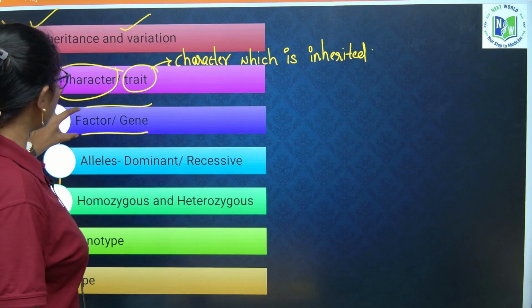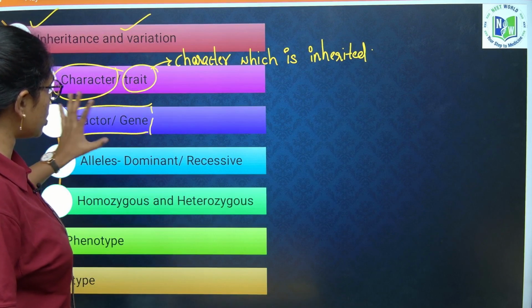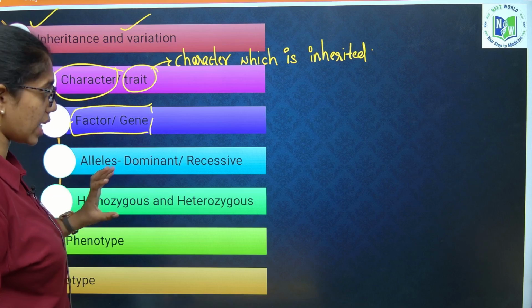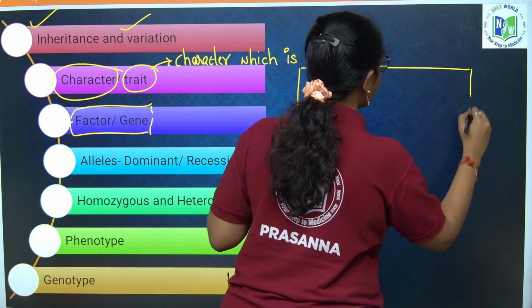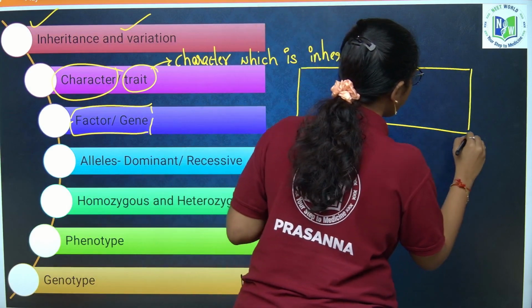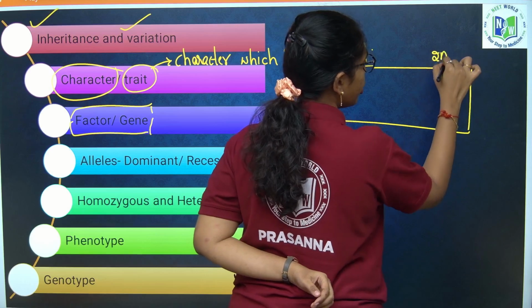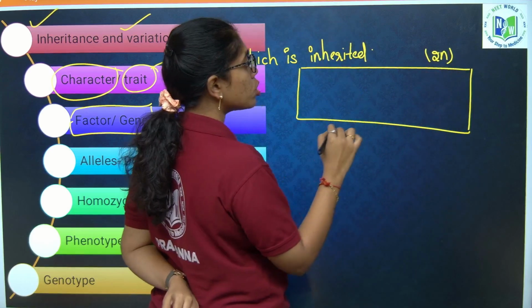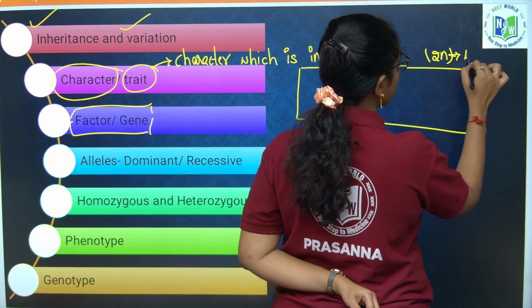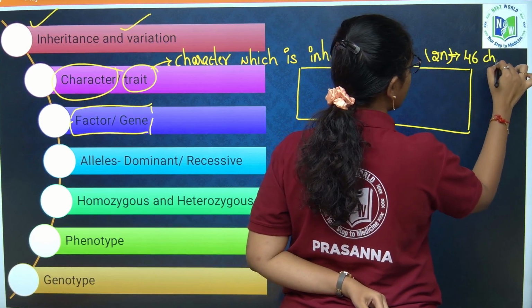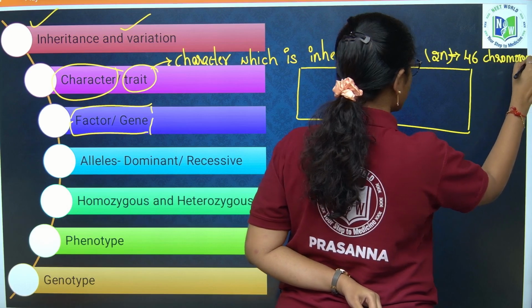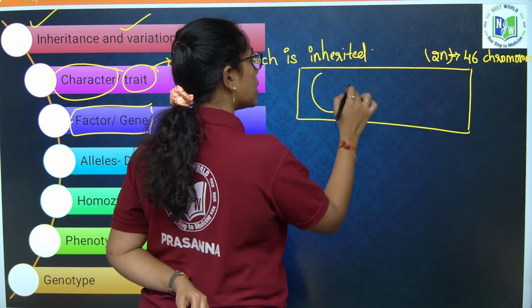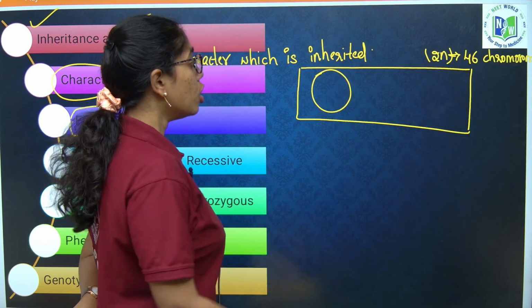Now to discuss factor, gene, alleles, homozygous, heterozygous, let us understand this by taking a human cell. A diploid human cell contains how many chromosomes? 46 chromosomes, present in the nucleus of the cell.